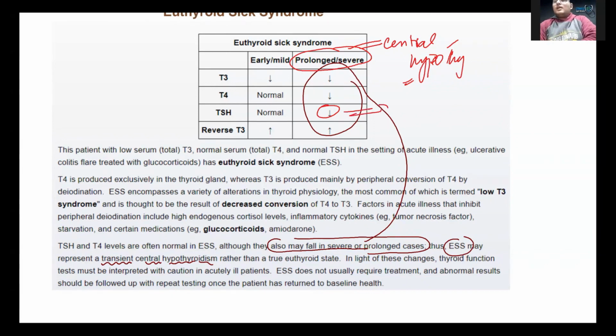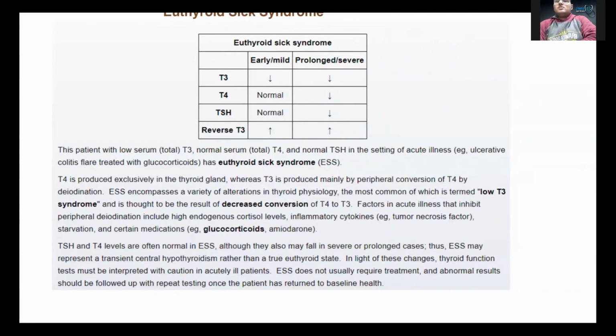All of you should have asked: when there is decreased T3 and decreased T4, why is there decreased TSH? It must be increased TSH. But no one asked this question. The reason is that this prolonged condition of infection, stress, glucocorticoids, all of this causes central hypothyroidism. The problem is at the central level, the hypothalamus level, which starts to decrease the TSH. And euthyroid syndrome now becomes a central problem. Is that clear?